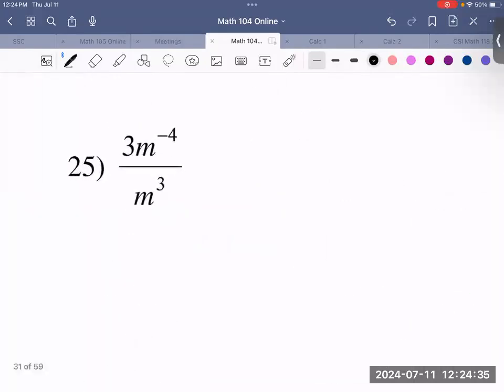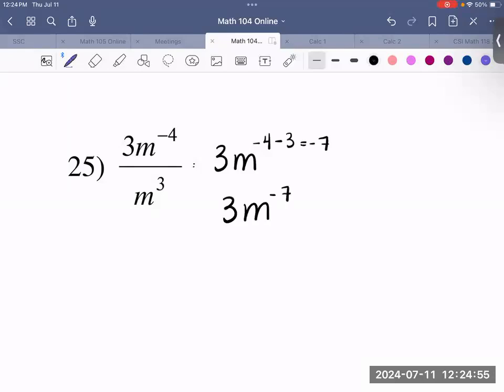25 isn't so bad. If you were to try and subtract them to begin with, like this one, we would have 3m to the negative 4 minus 3, which will give you an even bigger negative value. So you have 3m to the negative 7.